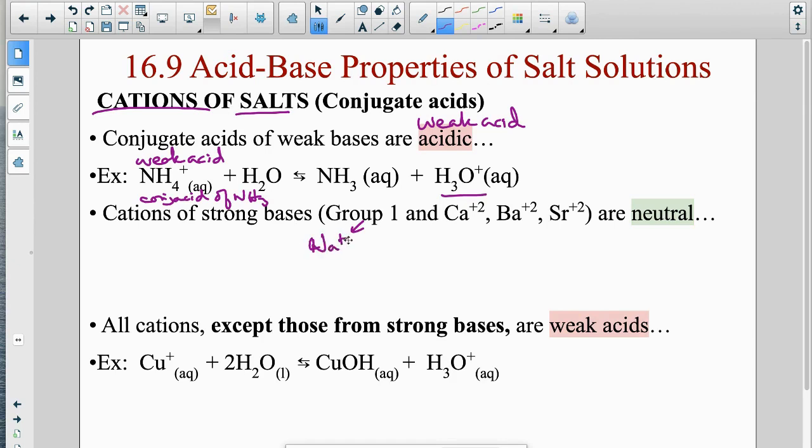So Na plus, Li plus, K plus, rubidium plus, cesium. These ions are going to be neutral ions. They are too pathetic to react with water. All cations except for those from strong bases are going to be weak acids. So any other cation, such as this copper ion, iron ion, aluminum ion, anything that is not one of these is going to act as a weak acid in water.